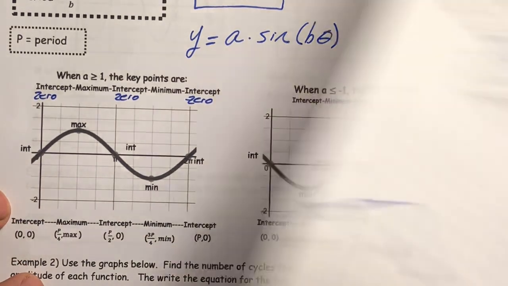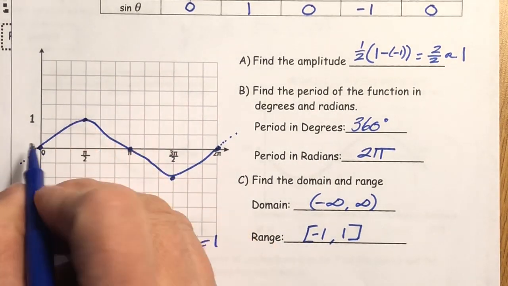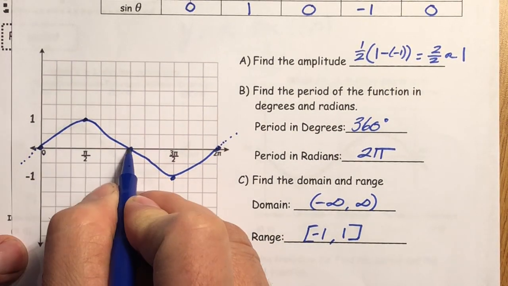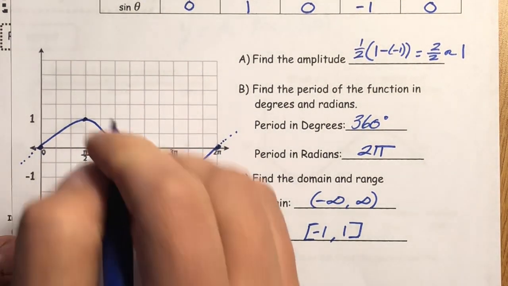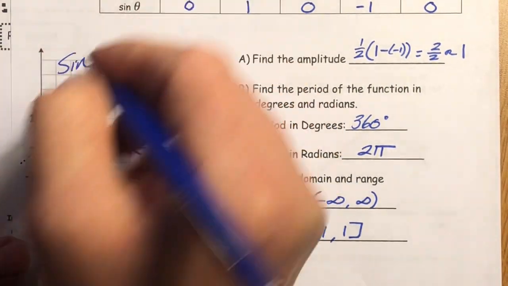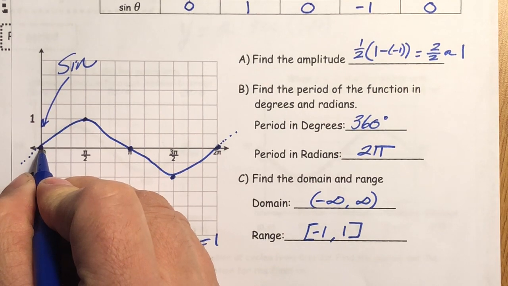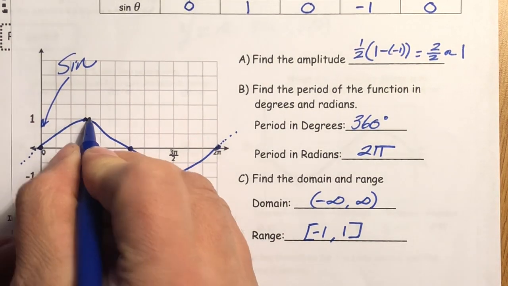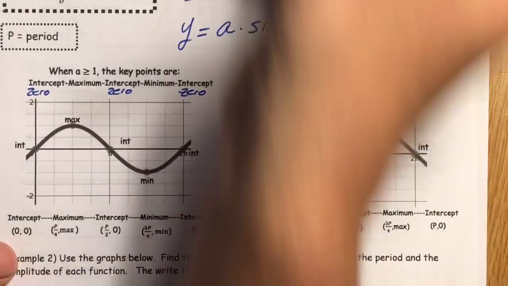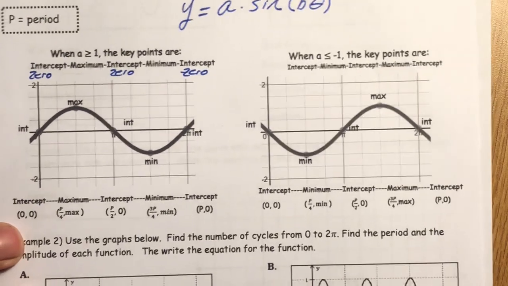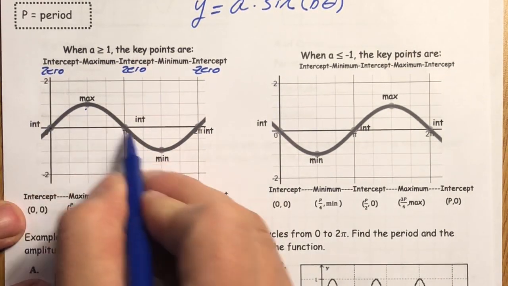So if you go back to the example that we did to start, we have a 0, max, 0, min, 0. All sine functions will start here at the origin, 0. So we have the 0, max, 0, min, 0. And those 5 points, you guys, this is how you're going to graph these from this point on, by graphing those 5 points. So you can see here again, 0, max, 0, min, 0.